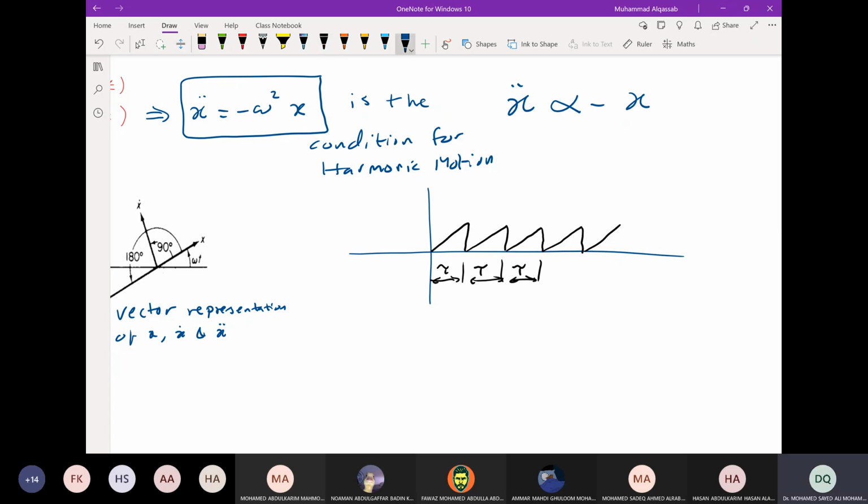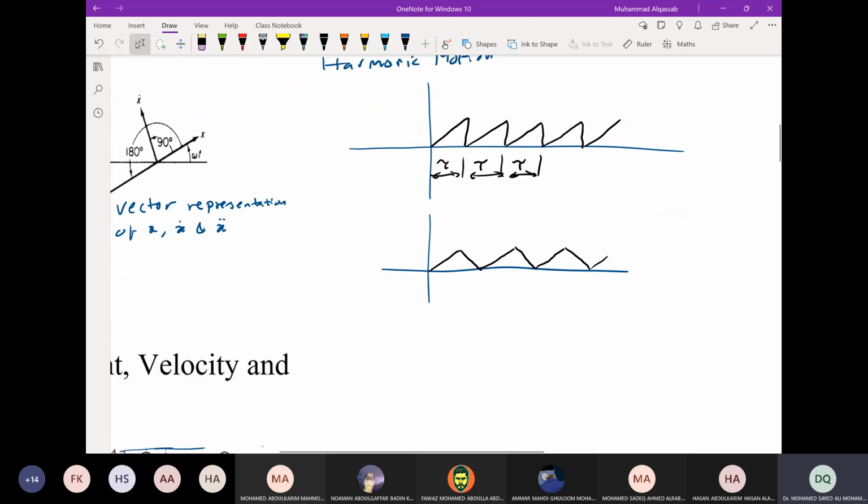Okay, this is one. Okay, we can have this is also periodic motion, because it is repeating itself every tau. But those are not harmonic.